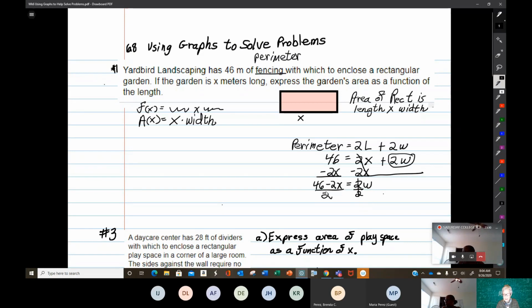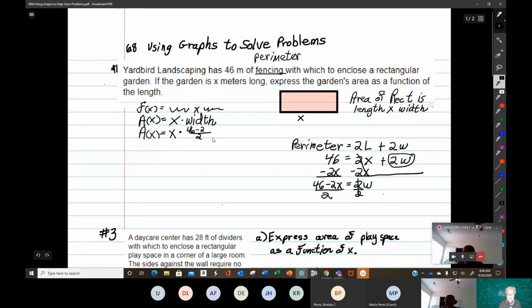But now, that looks really weird to put in like this. Oops, 2x rather, because we have now solved in terms of x.